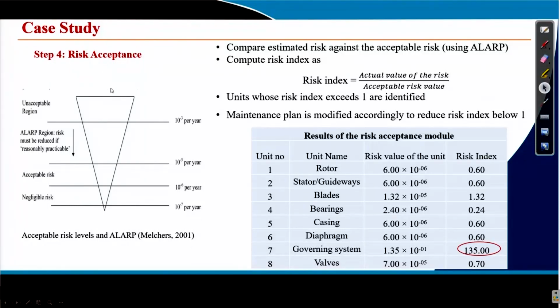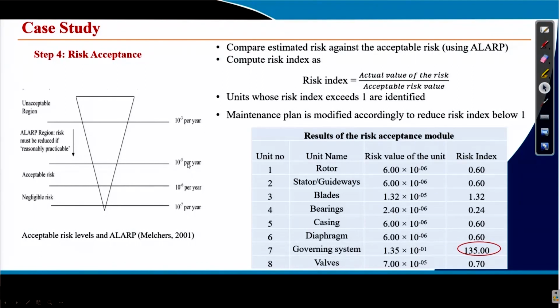Now, from the risk acceptance point of view, we are following the ALARP principle given by Melchers 2001. It says that if the risk value is more than 10 to the minus 3 per year, it is unacceptable, but if it is less than this, it is acceptable, though again there are certain categories.